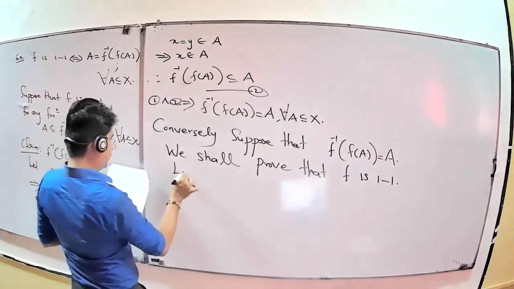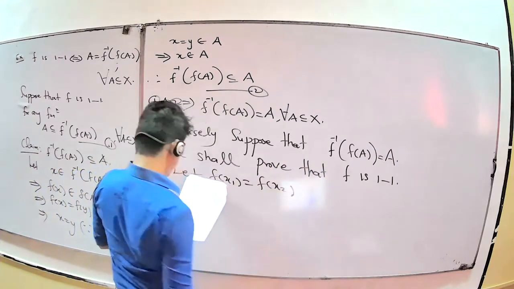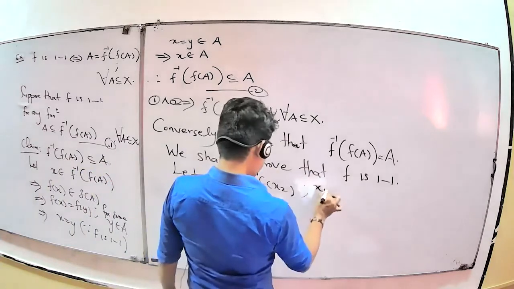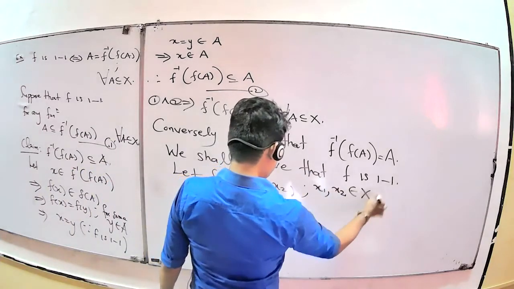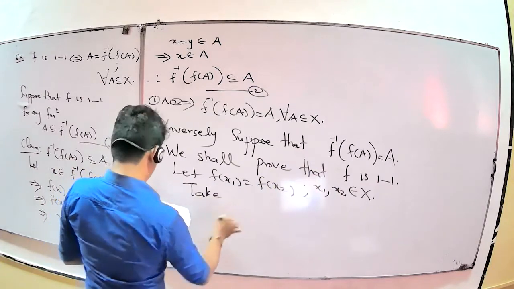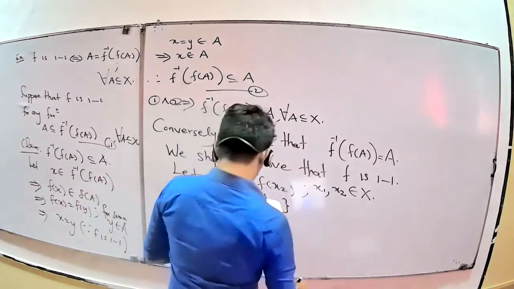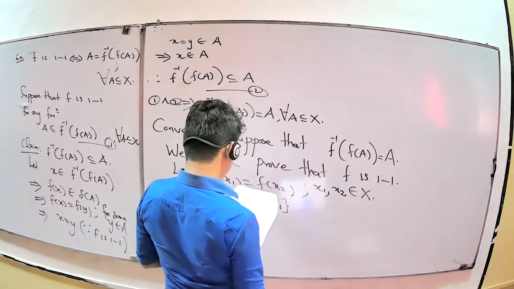For that, let f of x1 equal f of x2, where x1, x2 belong to X. Take the set A equal to {x1}.